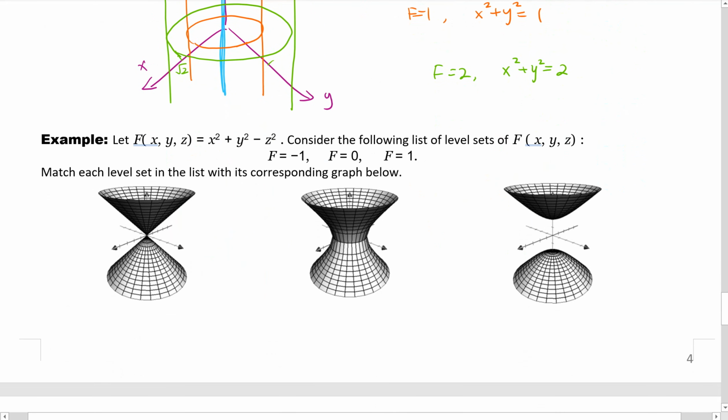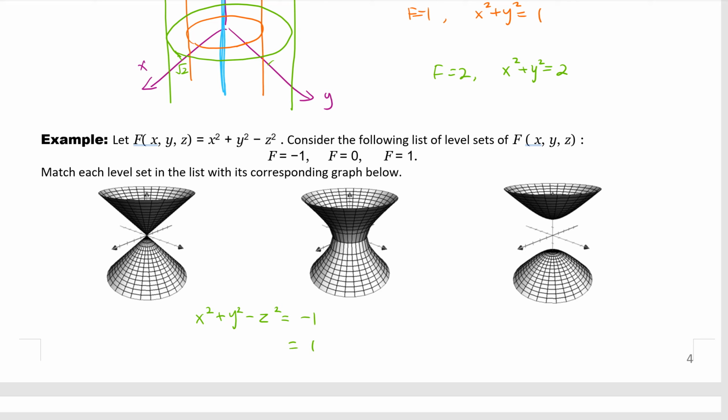Alright, let's continue. Let f of x, y, z equals x squared plus y squared minus z squared. Consider the following list of level sets. Match each level set in the list with its corresponding graph below. Okay, let's see. If f is minus 1, x squared plus y squared minus z squared equals minus 1. Remember, if we want to decide whether it's hyperboloid of 1 sheet or 2 sheets, we need to make sure the right hand side, the 1, is positive.